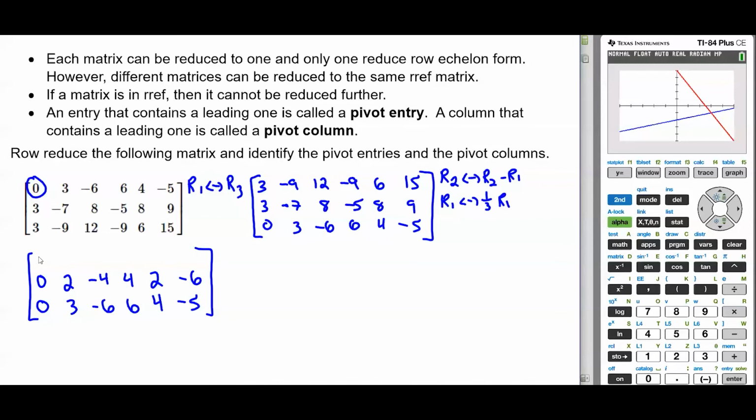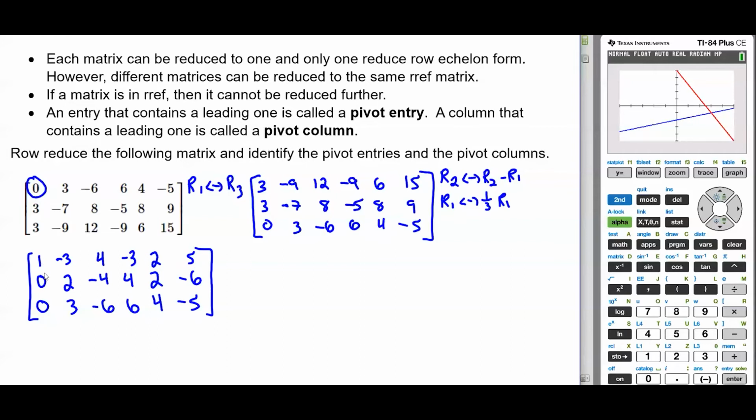And then I'm going to divide row 1 by 3. 1, -3, 4, -3, 2, and 5.